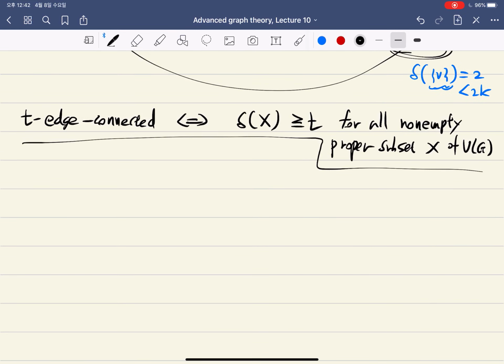So that motivates us to define the following weaker concept of connectivity.